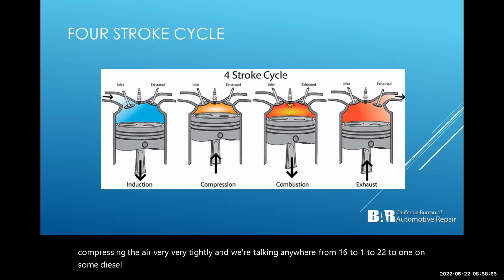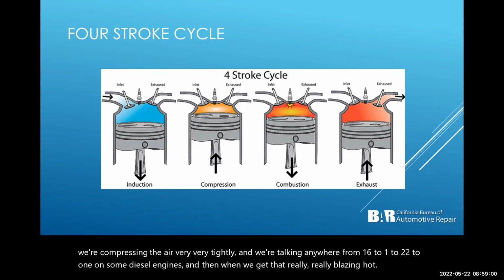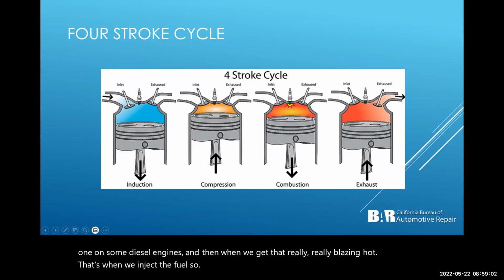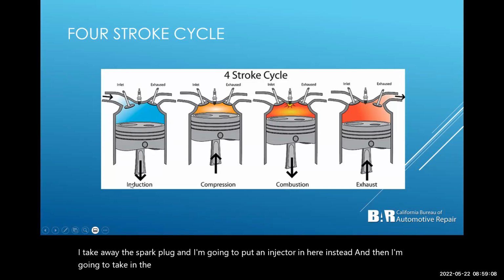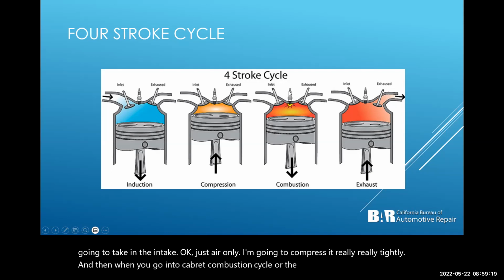And then when we get that really, really blazing hot, that's when we inject the fuel. So I take away the spark plug, and I'm going to put an injector in here instead. And then I'm going to take in the intake, okay, just air only. I'm going to compress it really, really tightly. And then when I go into the combustion cycle or the power side, I'm just going to inject fuel. I'm not going to have a spark plug.